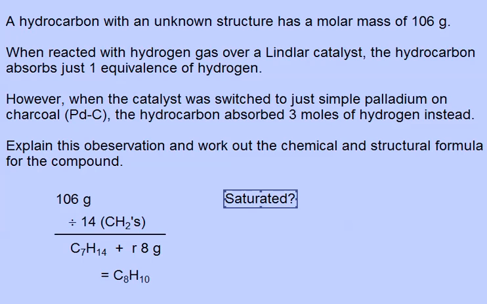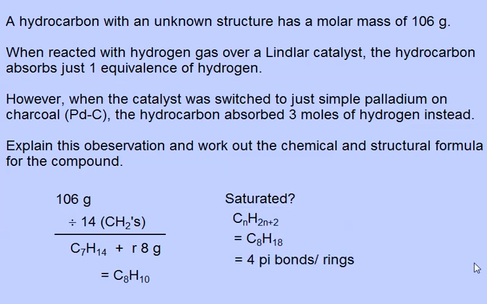So how does that compare to a saturated hydrocarbon? Well, of course, if it was saturated, that would be 8 carbons and double the amount of hydrogen plus 2, which would give us 18. We've only got 10 in the formula, so for every 2 hydrogens lost from the saturation point, it suggests either we've formed a ring structure or we've included a pi bond.